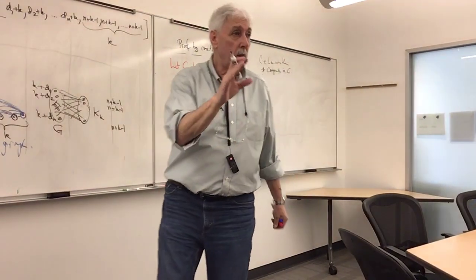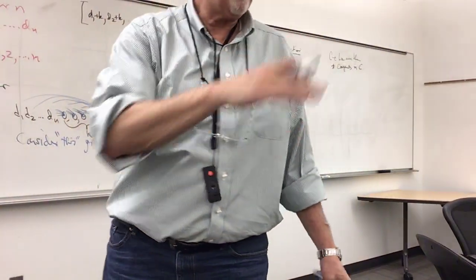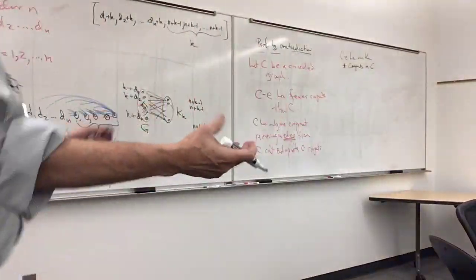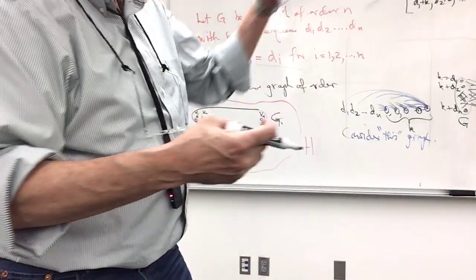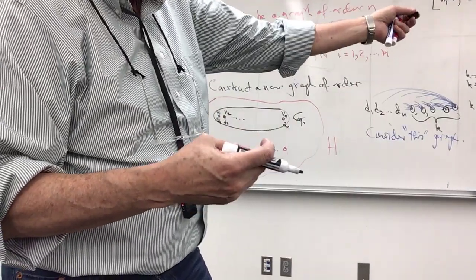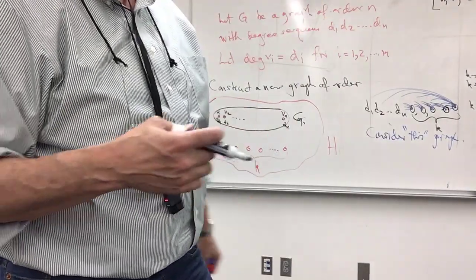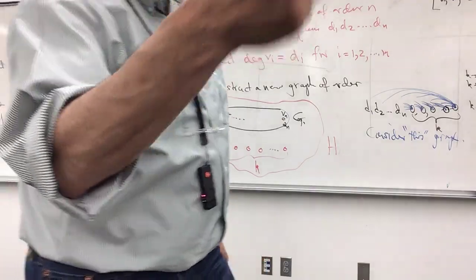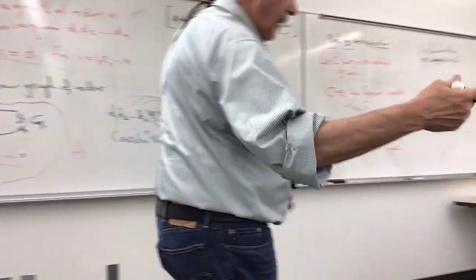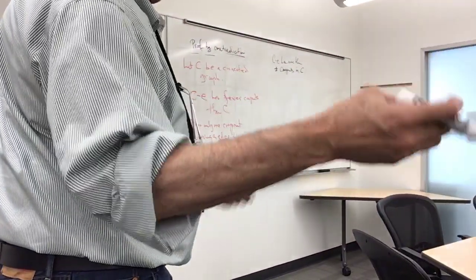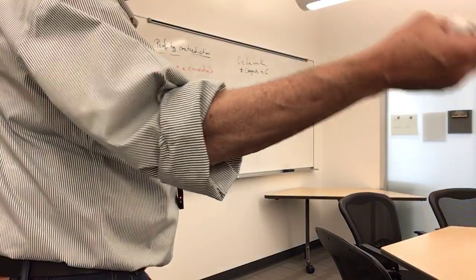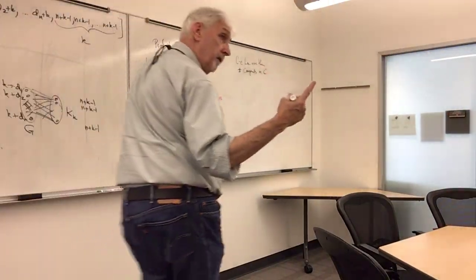Okay, well, we'll get to that. The number of components can't go down when we remove an edge, or it stays the same, in which case we're done, or the number of components goes up, and then it can only go up by 1.